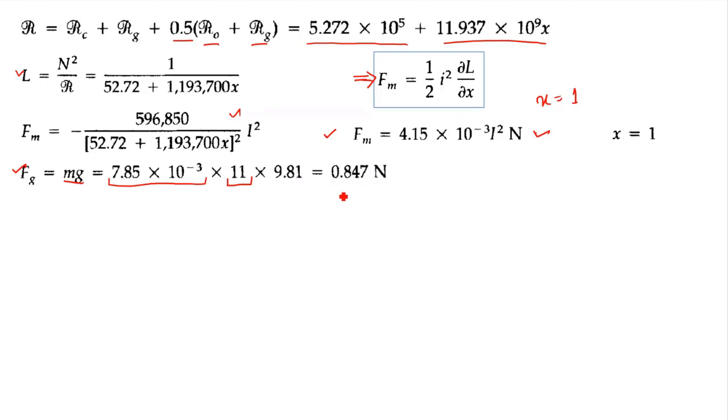So that will give me around 0.847 Newton. Now if I equate both Fm and Fg, I can find the value of current, which will be 14.28 ampere. That means I need a current of 14.28 ampere to flow in that coil, so that your iron bar will remain suspended at the 1 centimeter position.